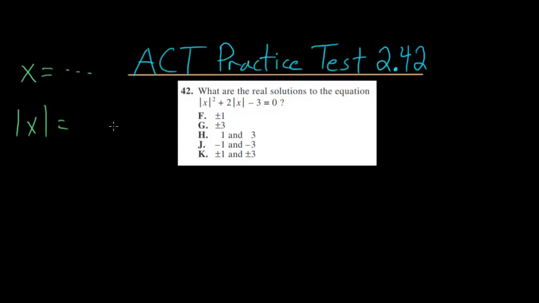And once you get your two solutions, you'll just have to consider that it's the absolute value of x, not just x. So that's one approach, but the approach that I'm going to take is a little bit different.